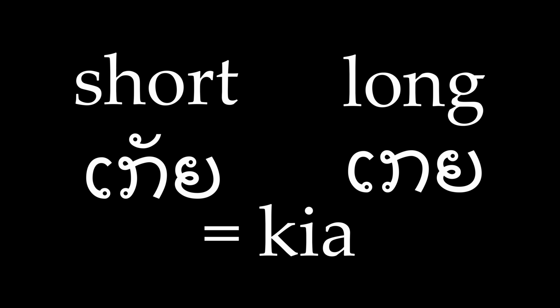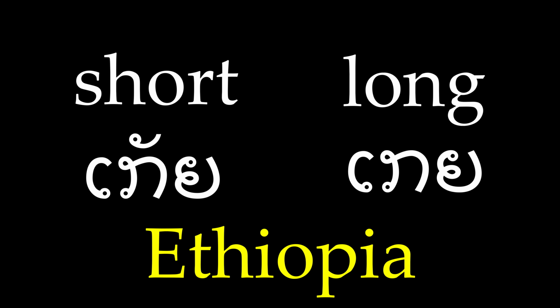Ia and ia are usually represented with an IA when transcribed. The short ia sounds similar to the IA in Ethiopia if you cut it short. The long ia sounds like the IA in Ethiopia if you lengthen it a little.